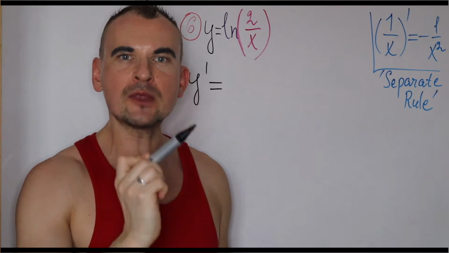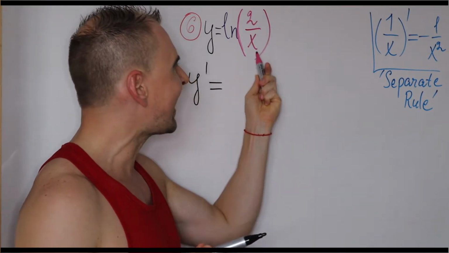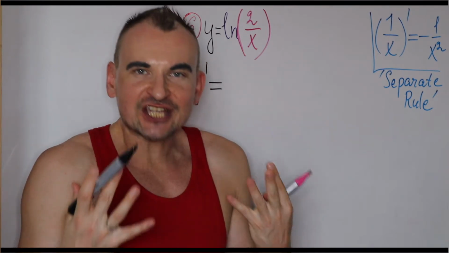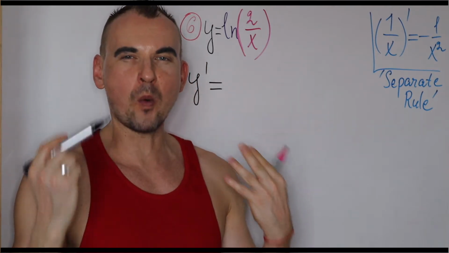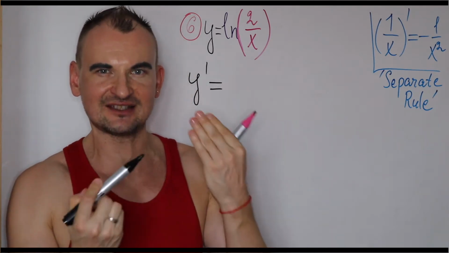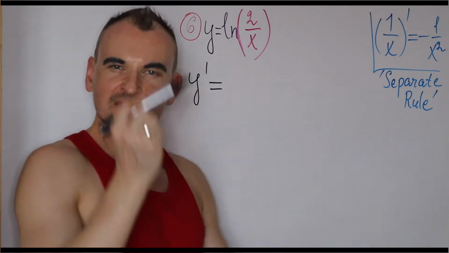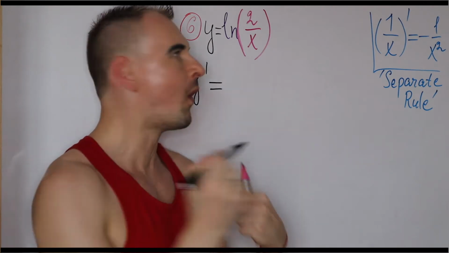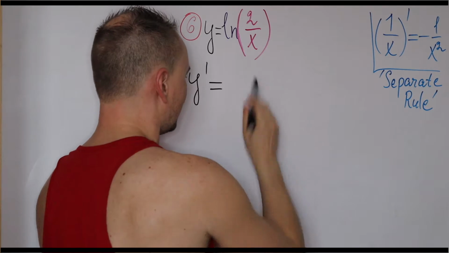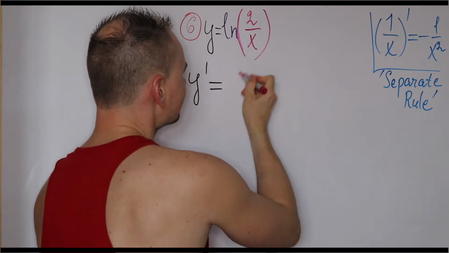So it's going to be 1 over 2 over x, and since 2 over x is a fraction itself, and 1 over another fraction simply means you have to take the reciprocal, you have to swap top and bottom, so it becomes just x over 2, if it makes sense.